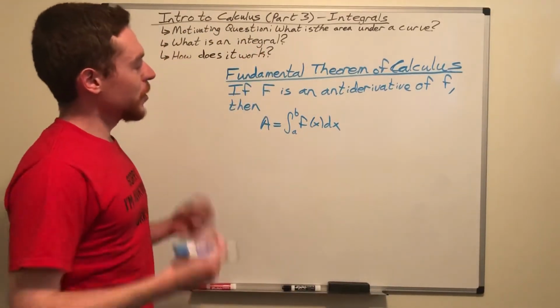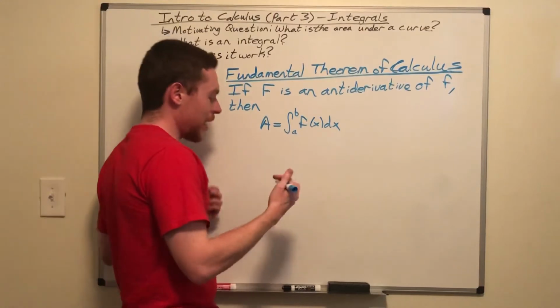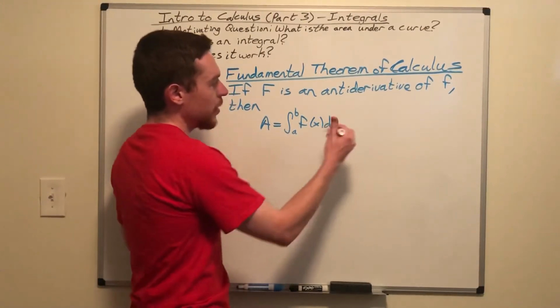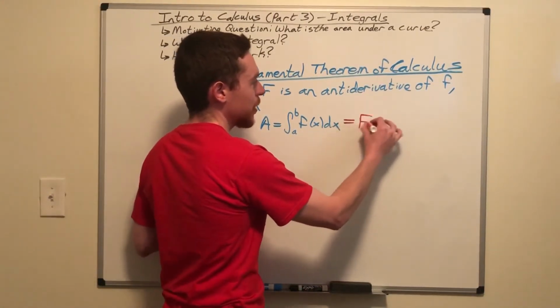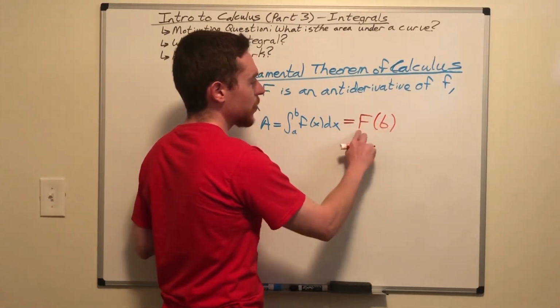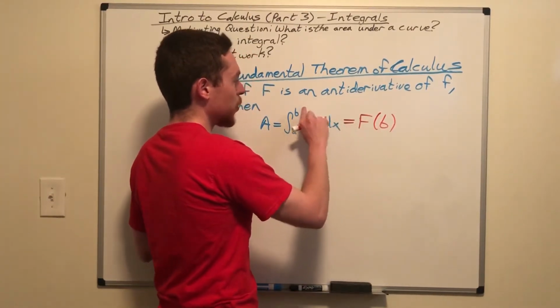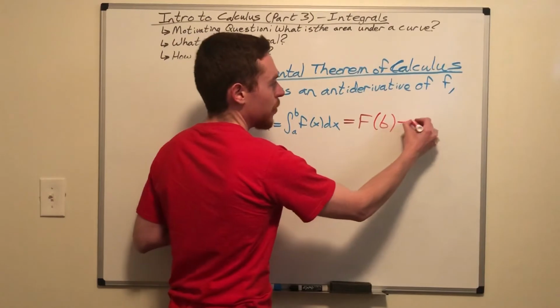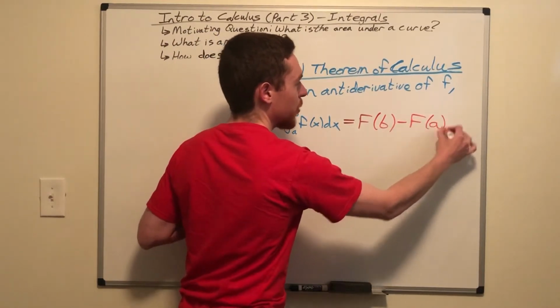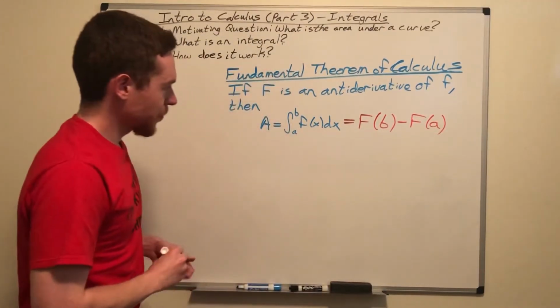Rather than use that limit definition, we can write this as the antiderivative evaluated at our right endpoint minus the antiderivative evaluated at our left endpoint.